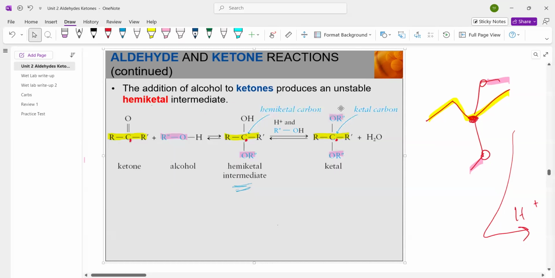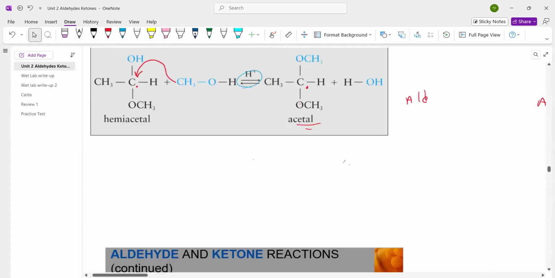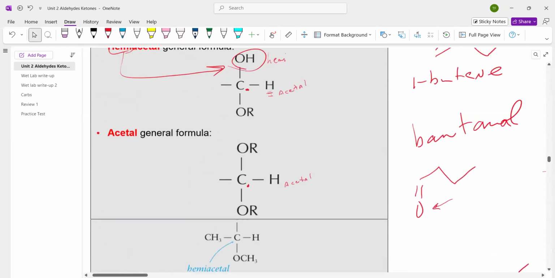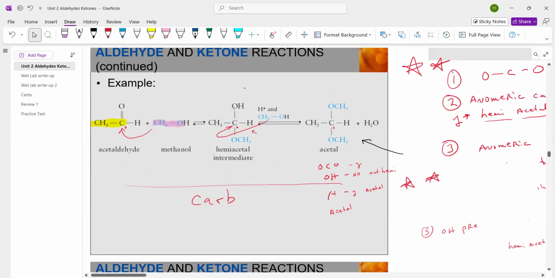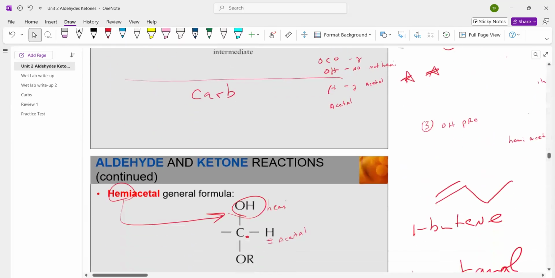Okay, so this reaction here involves a ketone. This reaction here involves an aldehyde. Now notice the second step requires an acidic environment.